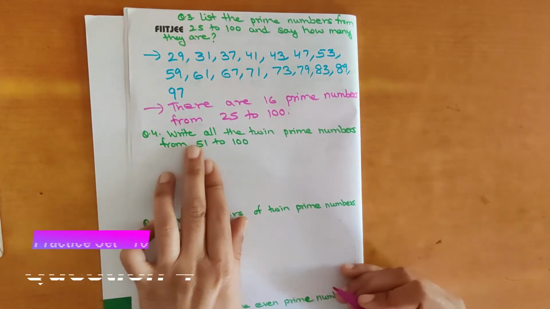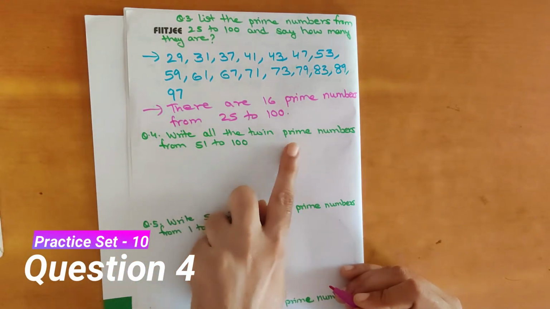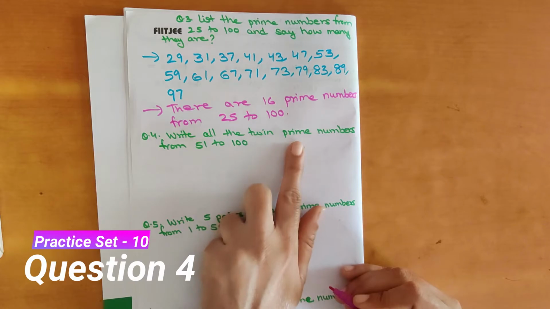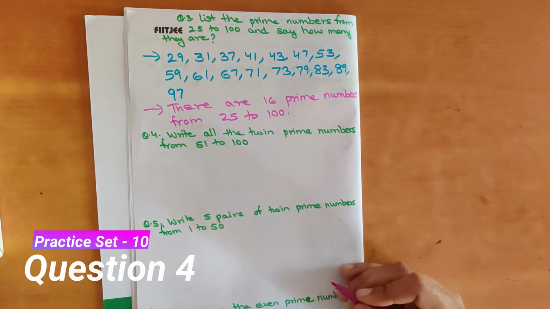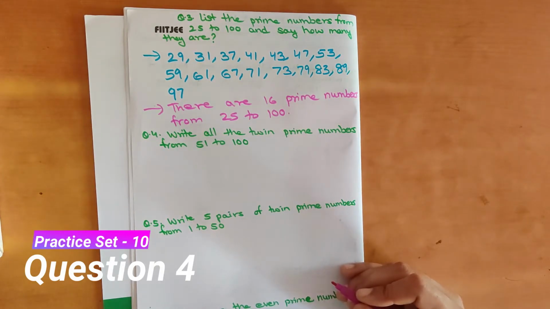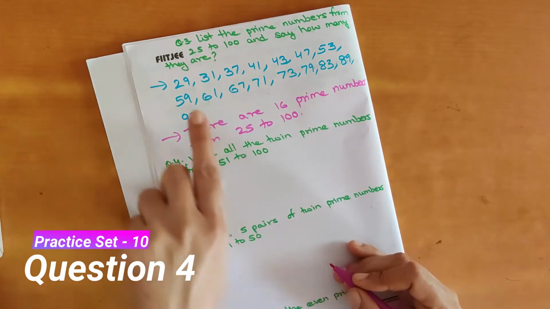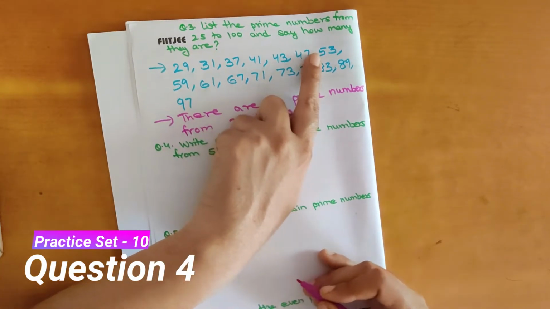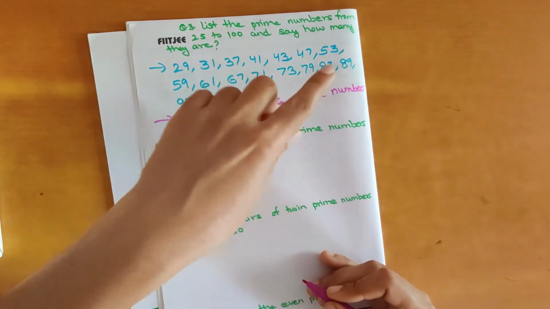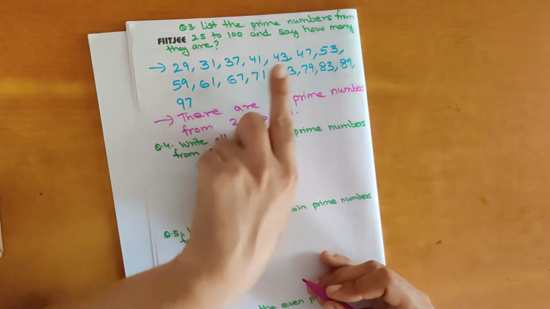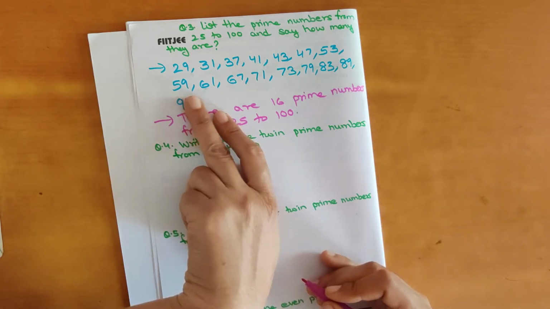Now the next question is asked: write all the twin prime numbers from 51 to 100. Twin prime numbers means pairs of prime numbers with a difference of 2. They have told 51 to 100, so we can see from above. If we take 53 and 59, the difference is not 2.